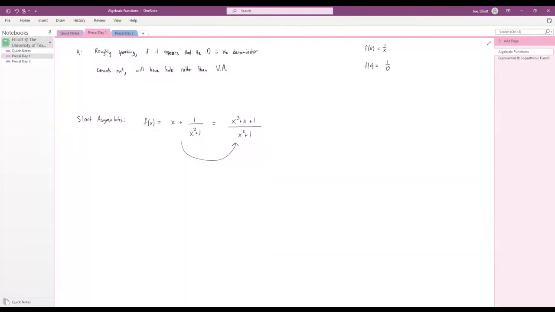Someone did notice that in this example I created, which has a slant asymptote, the degree of the numerator is 1 higher than the degree of the denominator. So yes, that tends to be the case whenever you have a slant asymptote.